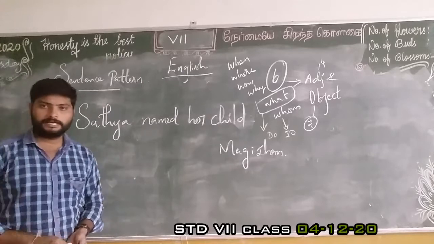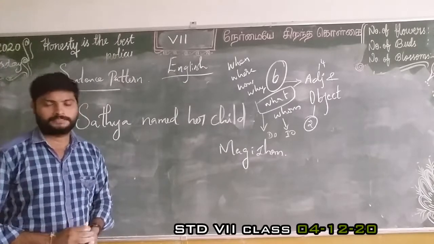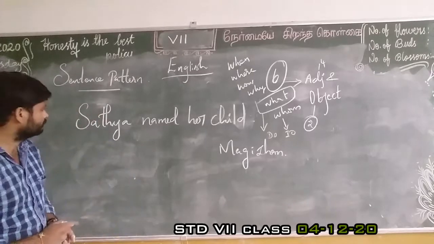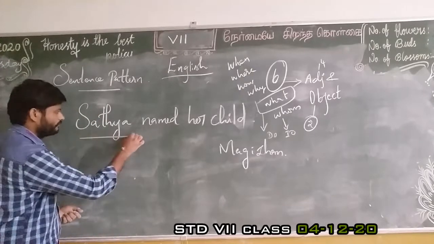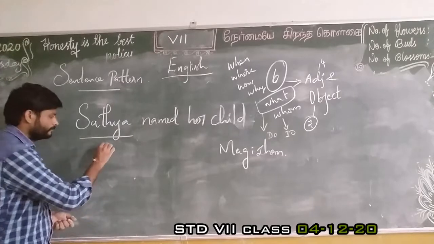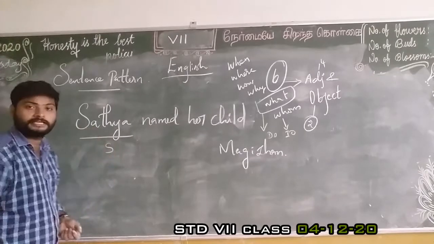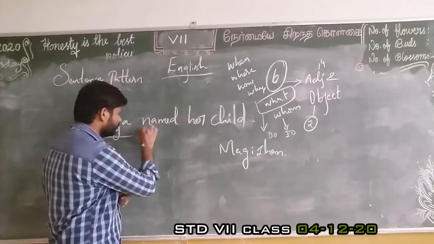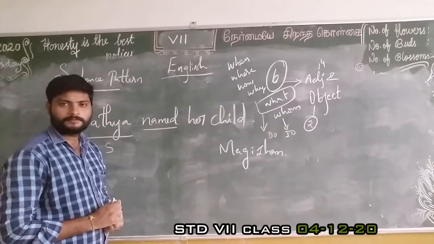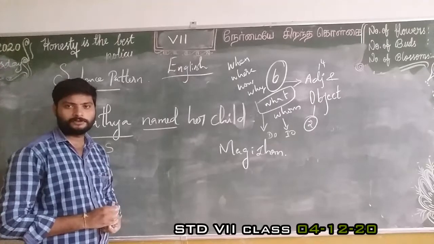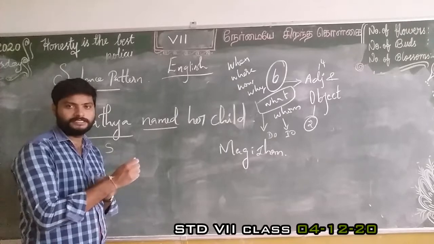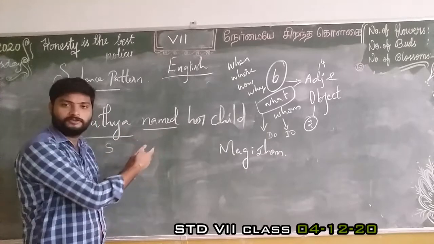Satya named her child Magilan. In this sentence, the doer of the action is Satya, so it is subject. Named. Do you remember this word? Usually complement follows these kind of words.